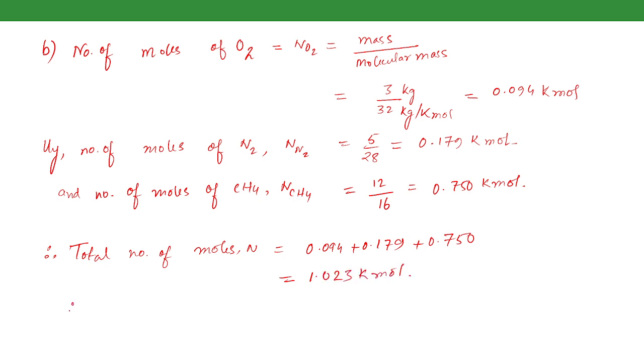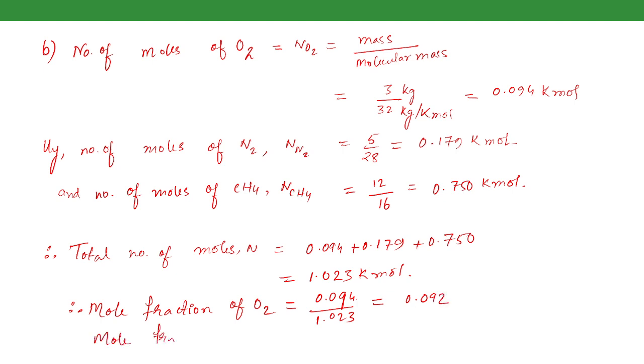Therefore the mole fraction of oxygen is 0.094 by 1.023. Mole fraction is the number of moles of oxygen by the total number of moles. So this is 0.092. Then the mole fraction of nitrogen is 0.179 by 1.023.